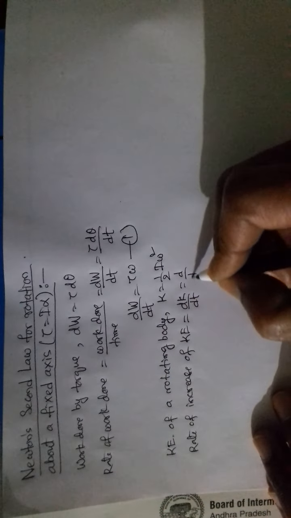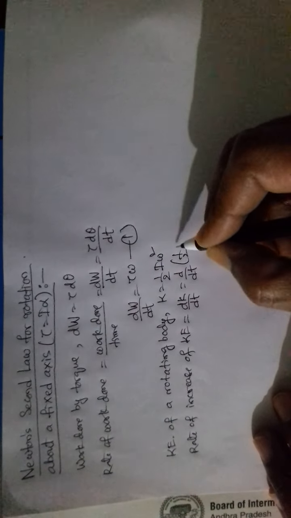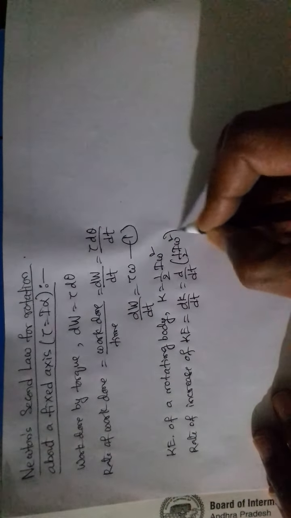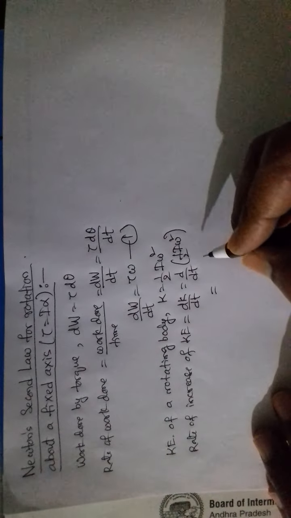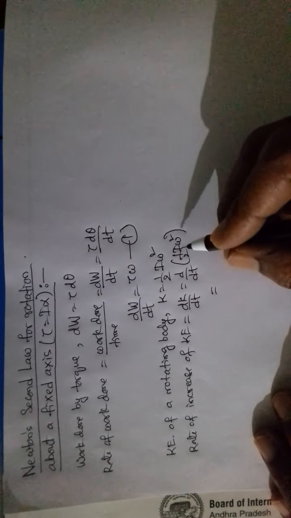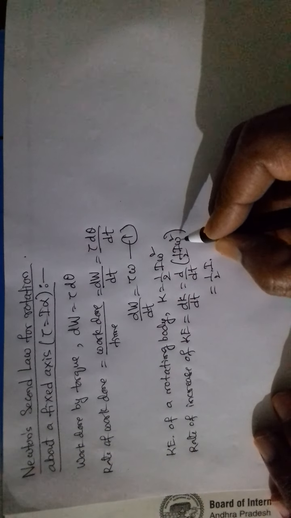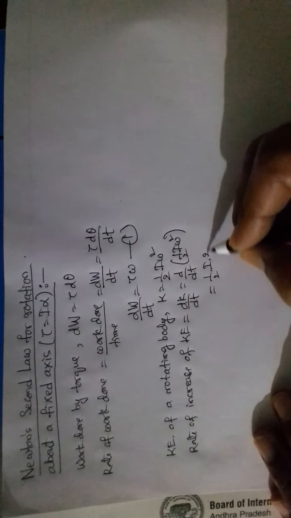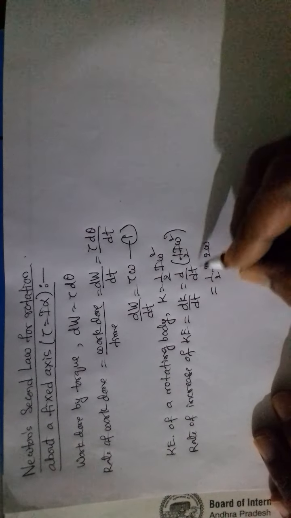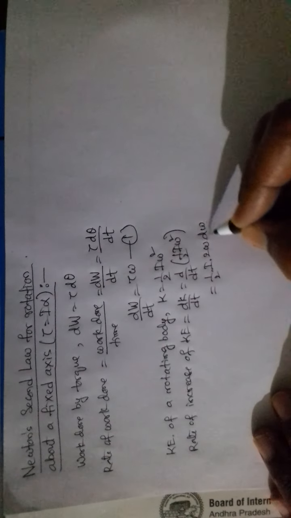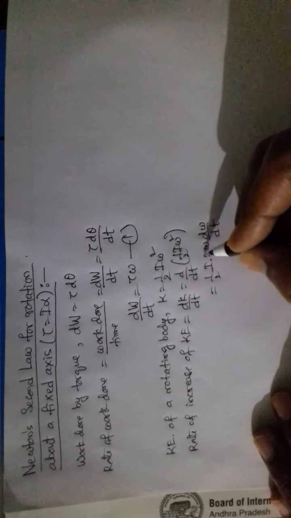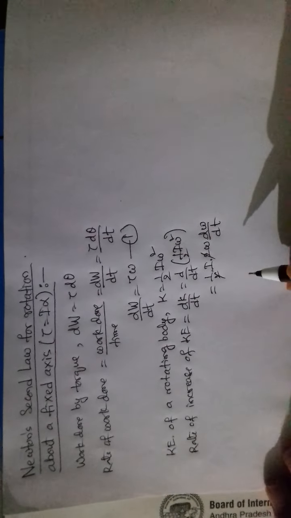So writing d by dt on both sides, differentiating with respect to time, we have half I constant, omega square differentiated gives 2 omega, and omega with respect to time gives d omega by dt. 2 and 2 get cancelled.